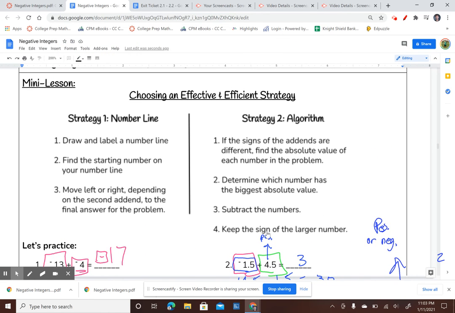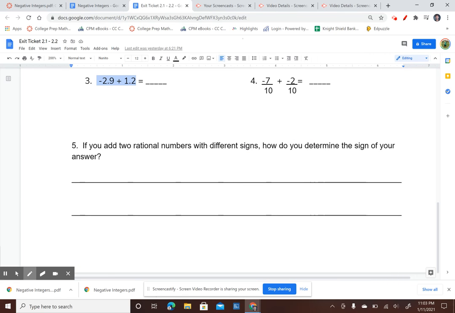What is this algorithm right here telling us to do if the signs of the addends are different? So if we had like positive 6 plus negative 2, we have to follow these steps. So that's what you'd want to answer for part 5.